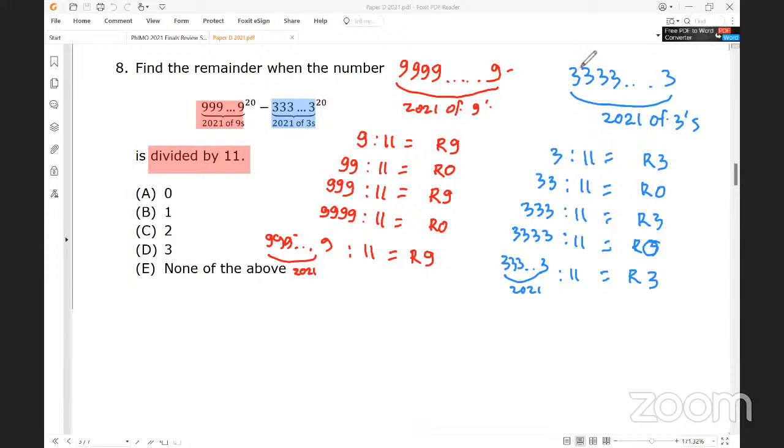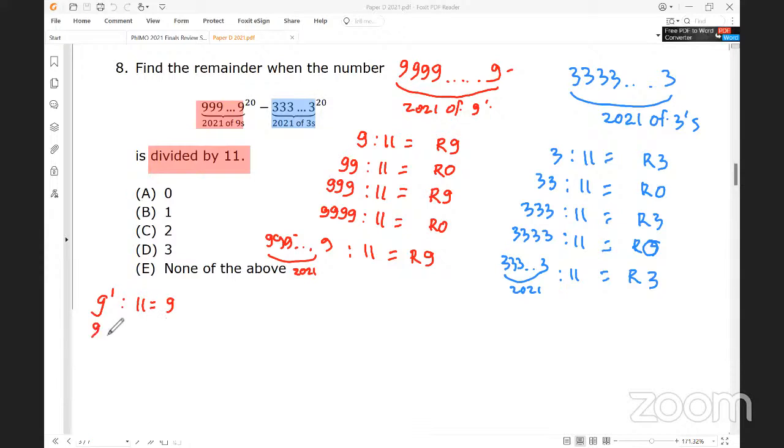Then for the next, we will do the power. We have the remainder 9 already, so we start from 9. 9 to the power of 1 divided by 11, the remainder will be 9.